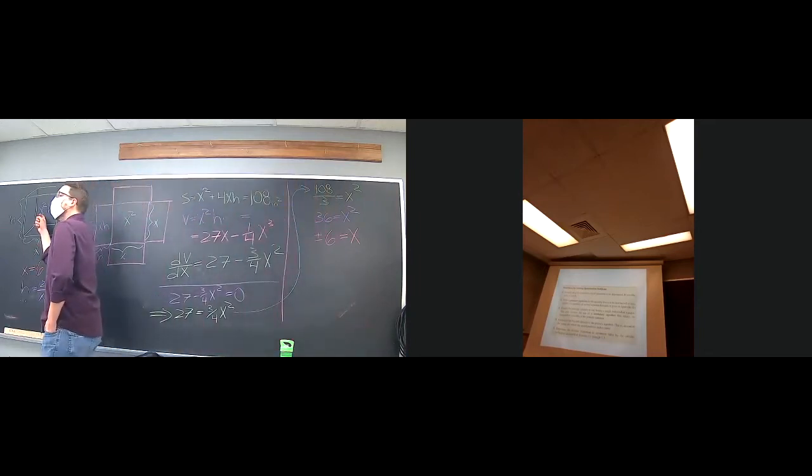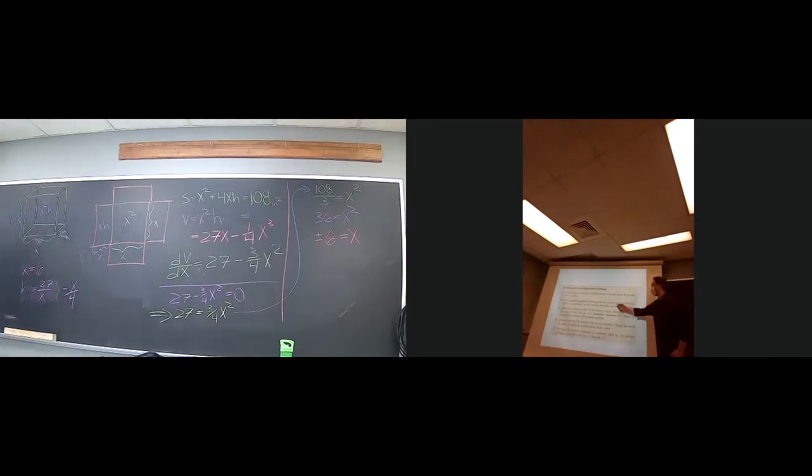In our case, that was the volume. They call it your primary problem or your primary equation here. Then you're going to be given another equation that's going to let you bound things, to solve for things. In our case, that was the surface area.